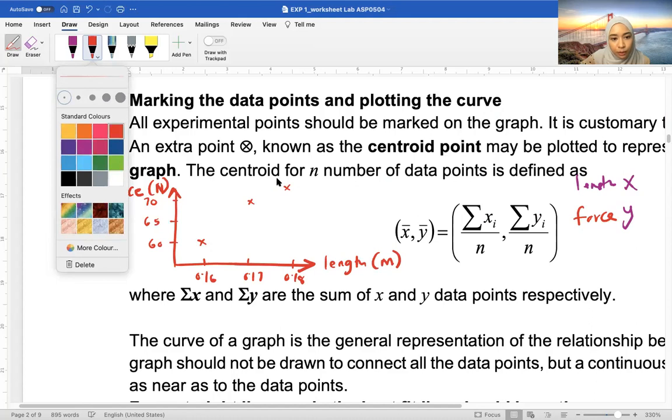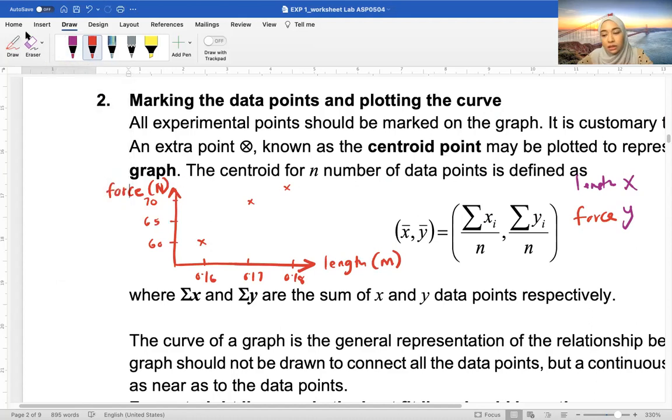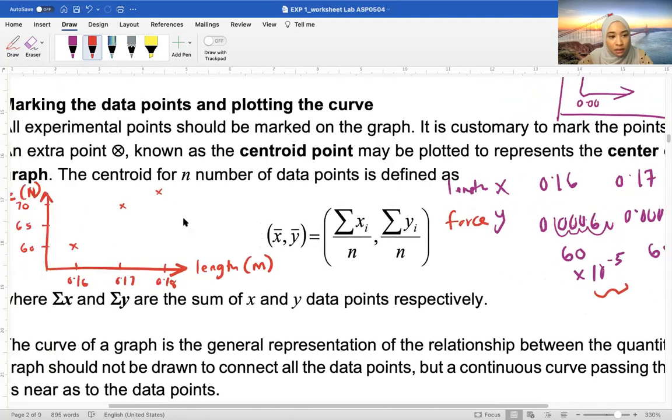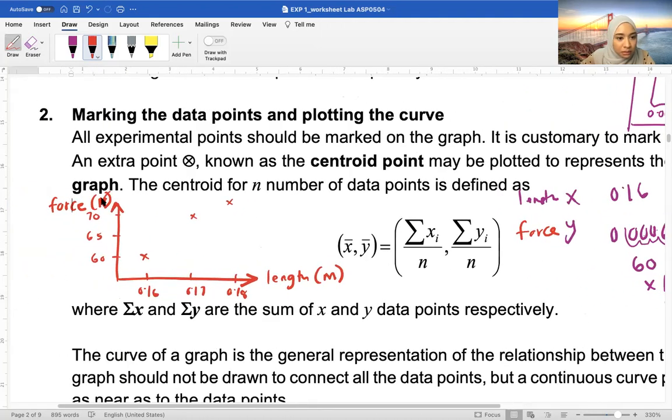That is your data points. And then how should you put in the times 10 to the minus 5? You can put it in here, times 10 to the minus 5 Newton. You can put it like that.